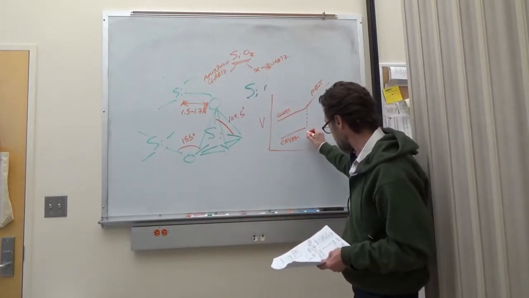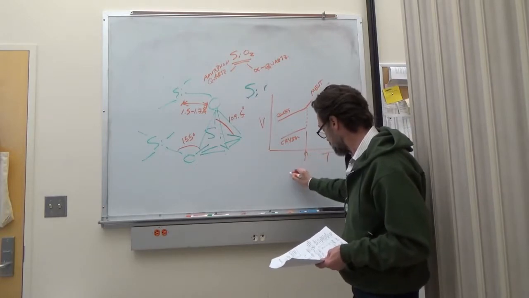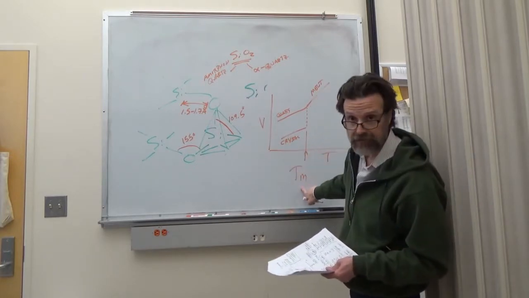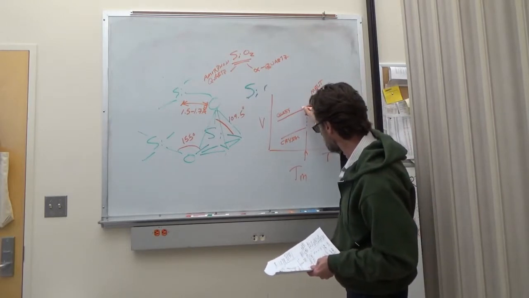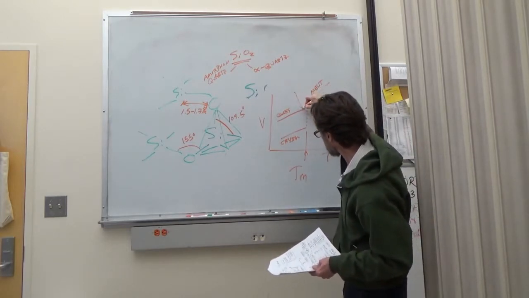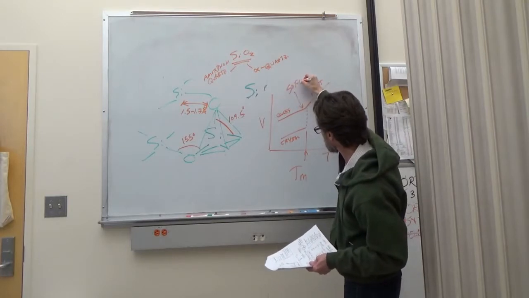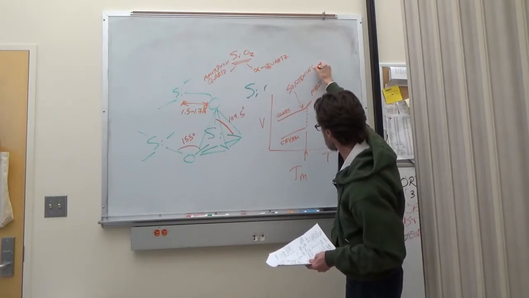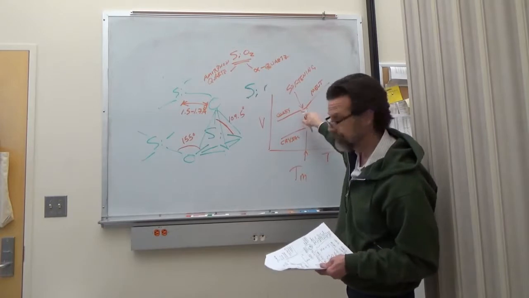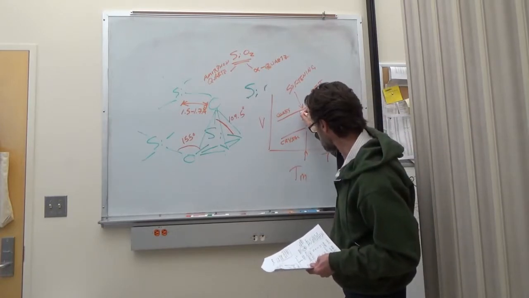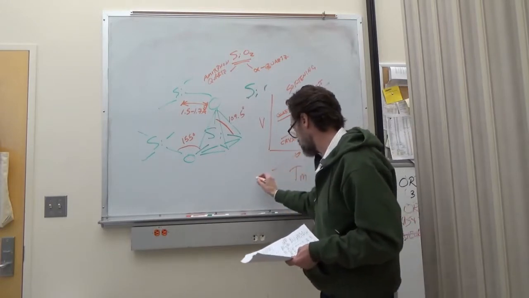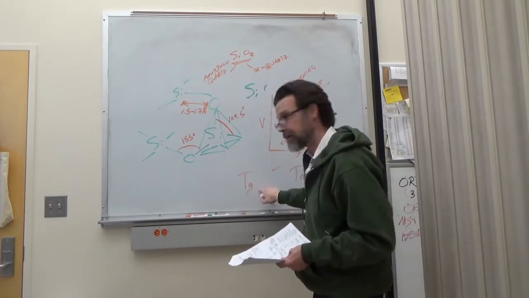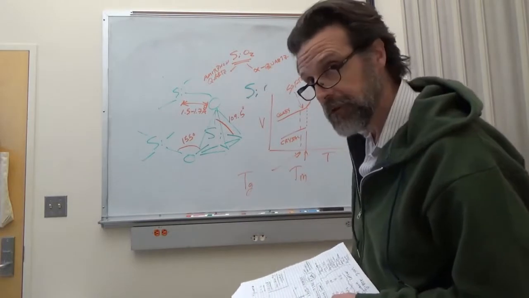And rather than having a Tm, a melting point, instead what we have is a range over which we have softening, and we call the onset of softening, which I'm going to roughly draw here, Tg. And we call that our glass transition temperature.